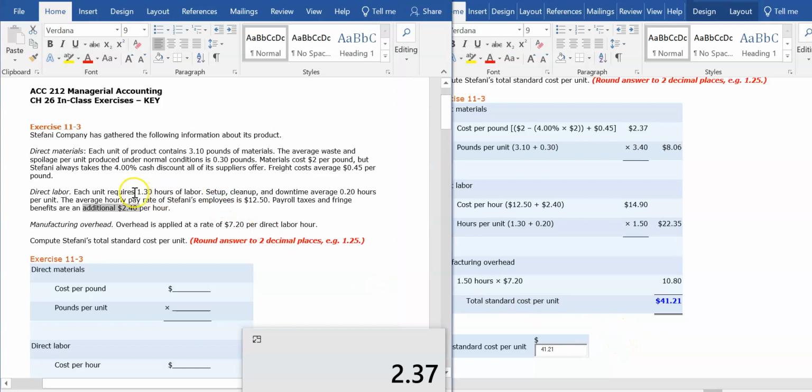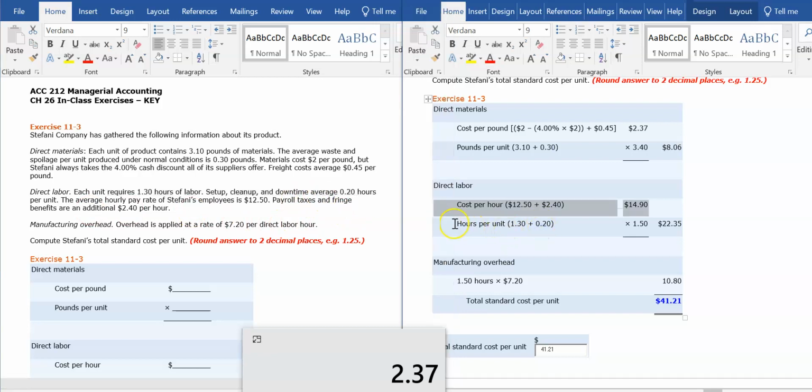The number of hours used is 1.3 hours, and an average of an additional 0.2 hours due to downtime. Thus, the total hours used to produce each unit is 1.5 hours. The standard cost per hour times the standard hours per unit gives us a standard of $22.35 per unit. That's the budgeted amount of labor costs per unit.